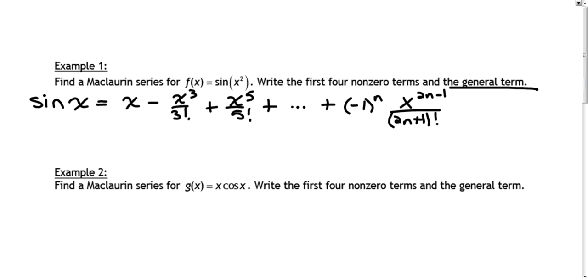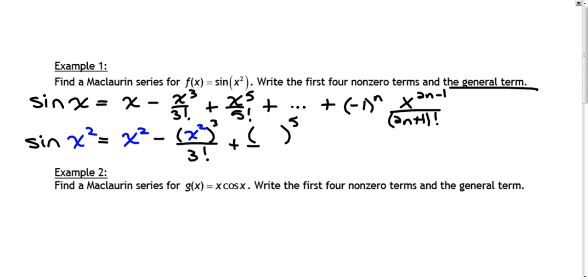Now, instead of sine of x, what we actually have is sine of x squared. This is as simple as it seems. Instead of x, we're going to plug in x squared. So that's x squared minus something cubed over 3 factorial, and instead of x cubed it's x squared, and we're not going to simplify, plus something to the 5th over 5 factorial, and that something again is x squared.